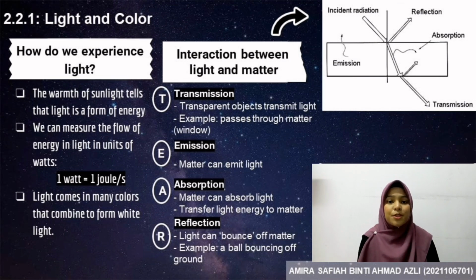Next, absorption, where matter can absorb light and transfer light energy to matter. Lastly, reflection. Light can bounce off matter and change direction, like a ball bouncing off the ground.